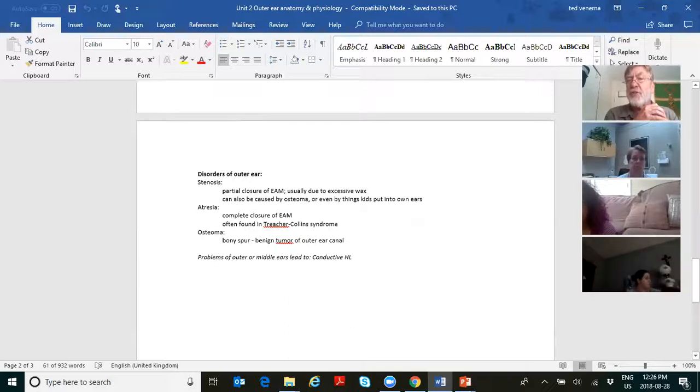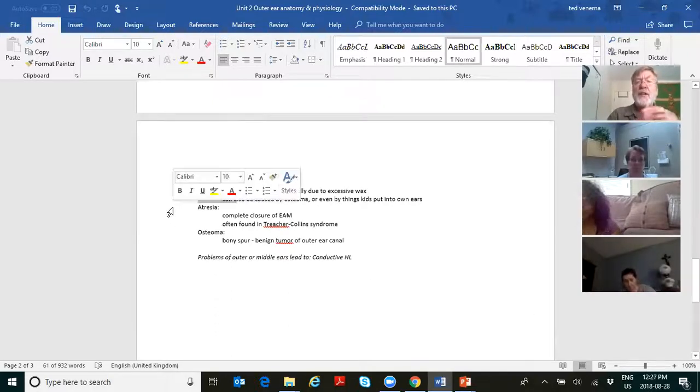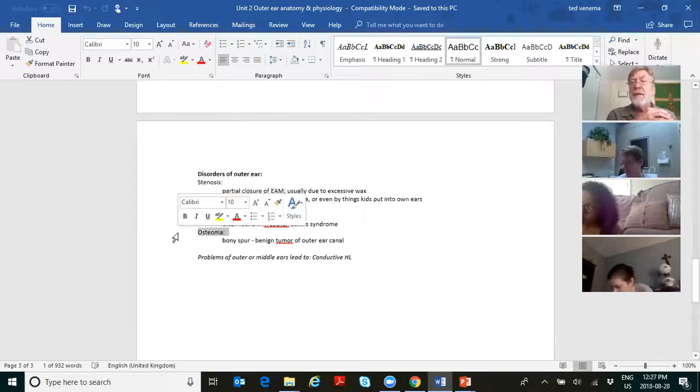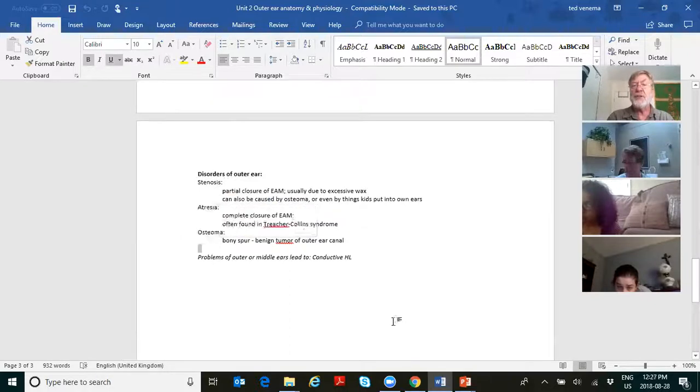It's a partial closing. Atresia is a complete closure. Complete. And an osteoma. An osteoma is a tumor of the bone, a bony spur, a benign tumor in your ear canal.